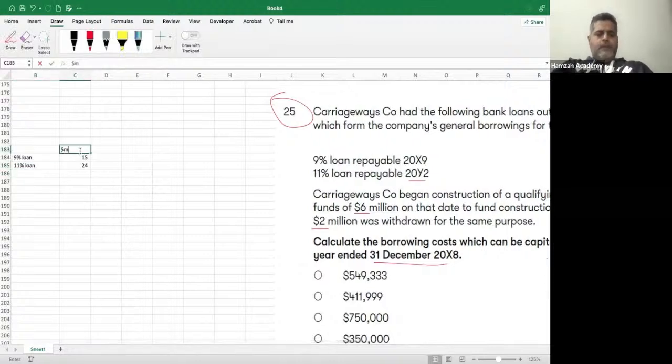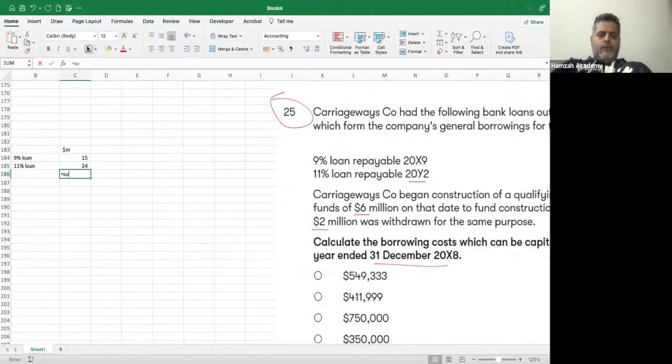So my total over here is 39 million. If I take up the weighted average, this is 15 by 39 and this is 24 by 39. If I take it into percentages, this goes to 38.5% and 61.5%. Agreed upon? So we have the weighted averages over here as well.